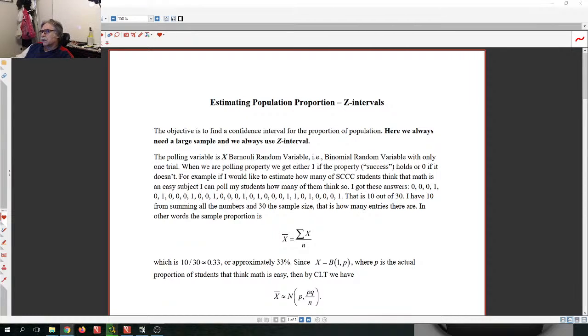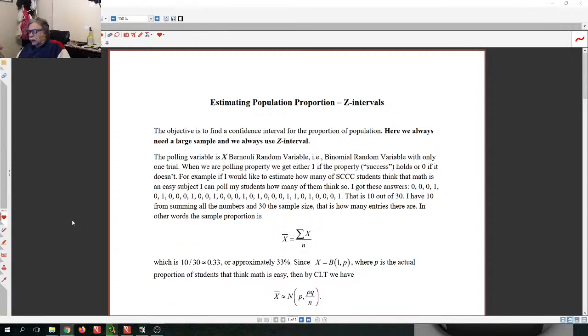Because the variable of polling is not normally distributed, the central limit theorem that we are using is the fact B, the second part of the central limit theorem, the way we outlined, and for that one we would need a large sample. So every time we do polling to estimate a population proportion, we will always need a large sample, meaning 30 or more.